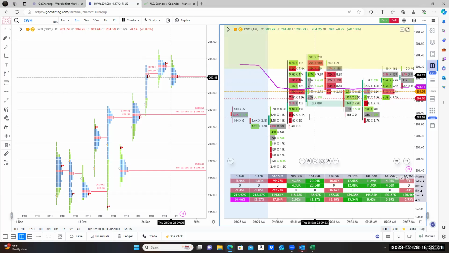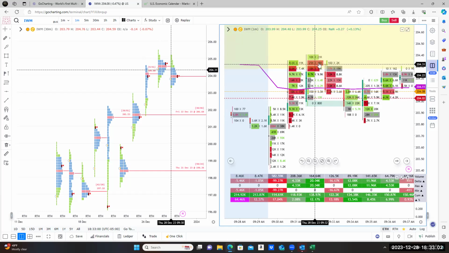Another clue that there would be some trapped buyers in this candle here was a cluster of imbalances. 12,000 sell orders against zero. 6,000 against 350. 6,000 against 2,000.